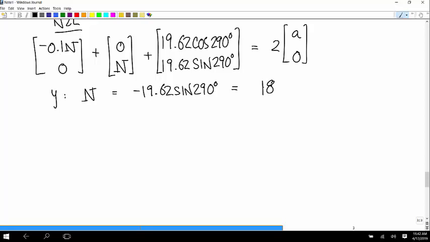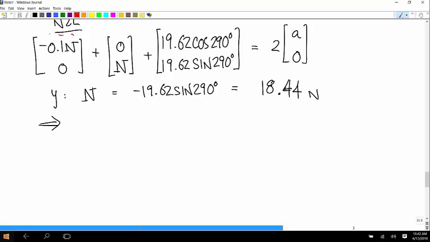And then the negative sine of 290, yeah. What was it? 18.4. Okay, and that's newtons, and then we can plug that in.